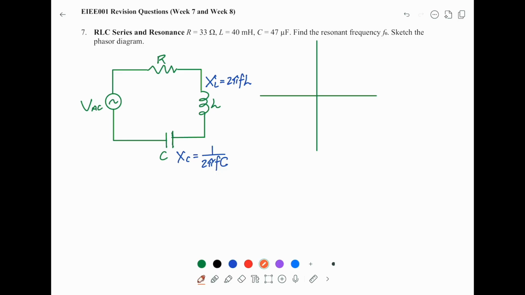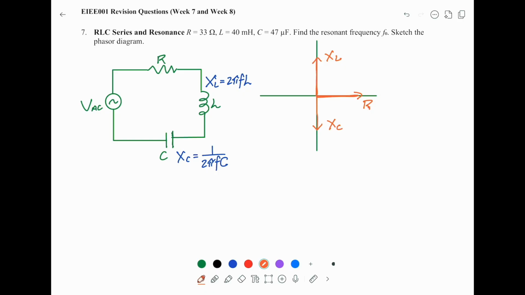Let's draw it. So here I put the resistance along the horizontal axis R, and as usual I put the inductive reactance 90 degrees ahead or lead the resistance, so XL. This time I want to find the frequency such that it makes the magnitude of the capacitive reactance XC exactly the same, but this time it's 90 degrees lag from the resistance.